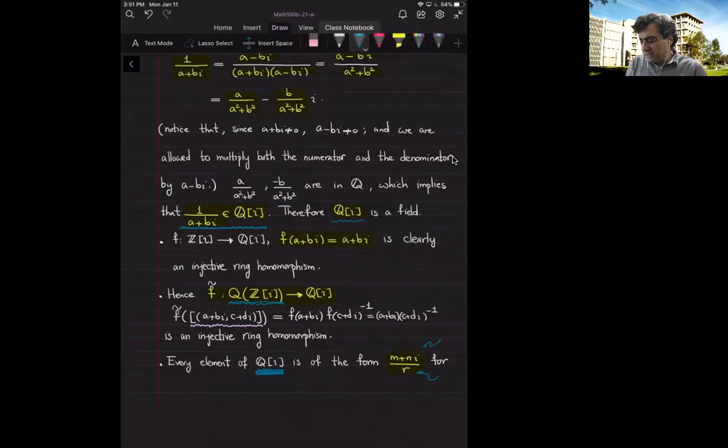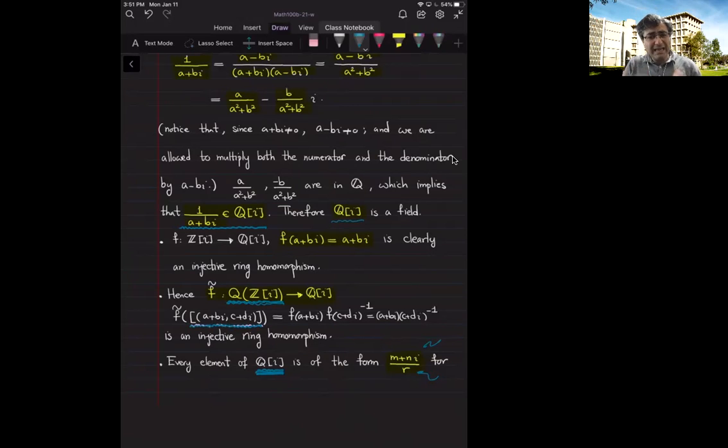Here, on purpose, I used the equivalence class notation instead of the fraction notation, in order to avoid possible confusion of fractions inside complex numbers with fractions inside the field of fractions of Z[i].